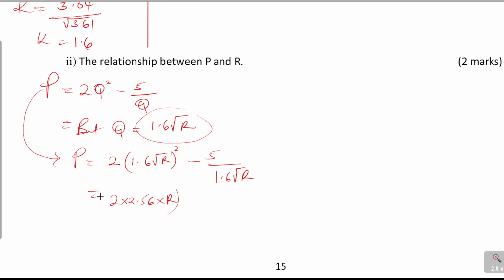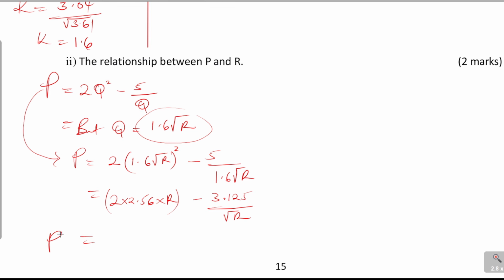And then we subtract these. 5 divided by 1.6. That will give 3.125 divided by root of R. So when you divide 5 by 1.6, you get 3.125.